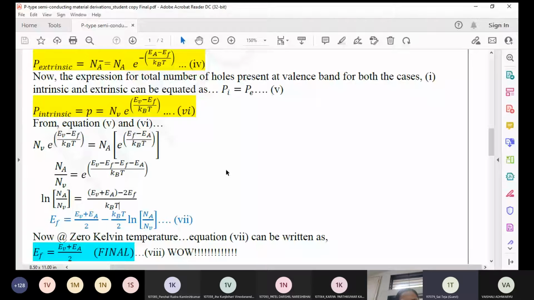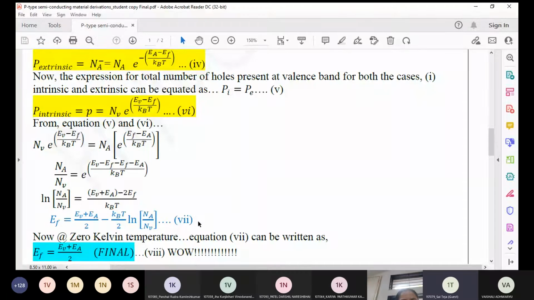So here, if we just rearrange the terms, we can take ln of Na by Nv into KBT, and we'll bring my Ev plus EA to the other side, so minus Ev minus EA. And so the final equation we will get as EF is equal to (Ev plus EA) by 2 minus KBT by 2 ln of Na by Nv. So this will be the final equation we get.